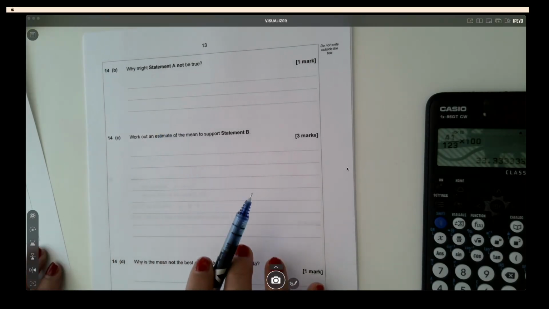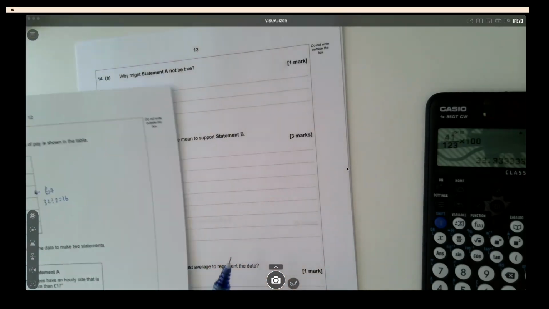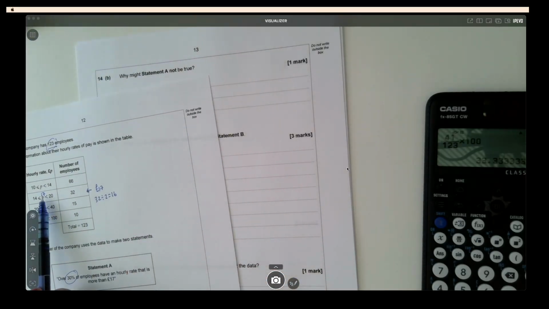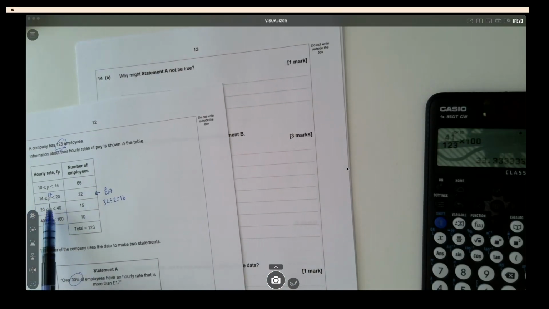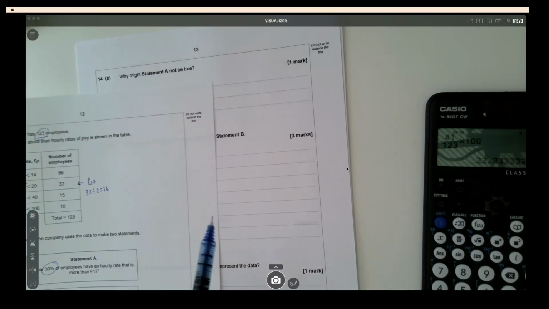14B. Why might statement A not be true? Well, it might not be true because yes, 17 is the midpoint between 14 and 20. However, we don't know what the distribution of wages is within those 32 people.